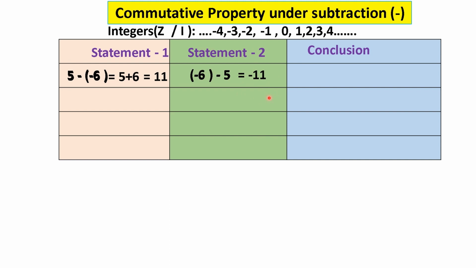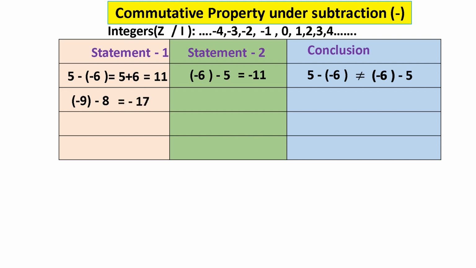These are not equal. So that's why we conclude that 5 minus of minus 6 is not equal to minus 6 minus 5. Next, second example: minus 9 minus 8.